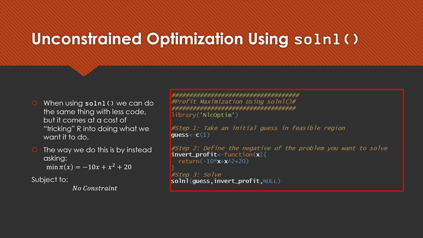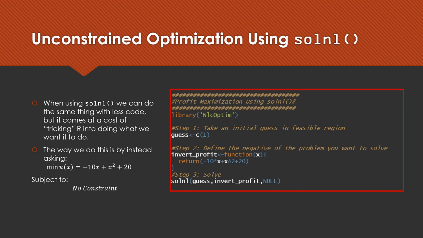Now, if we were to solve this problem using solnl, we first note that there's a lot less code that we're looking at. But this comes at a cost of having to trick this function into doing what we want it to do. The way we do this is by instead looking for the minimum of the negative of this profit function subject to no constraint.